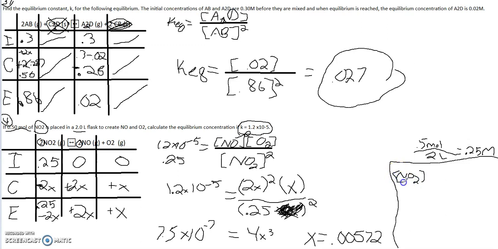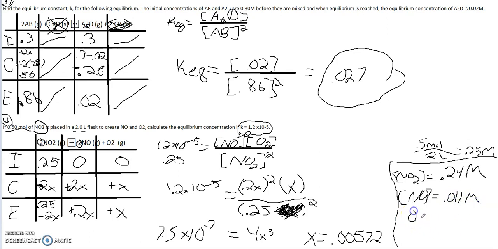Once again, that is going to be your 0.25 minus 2 times this, because this is your x, and so that's going to be 0.24 M. You have your nitrogen monoxide, your NO, so your concentration of that at equilibrium is your 2x, your 2 times this, which is approximately 0.011 molarity.